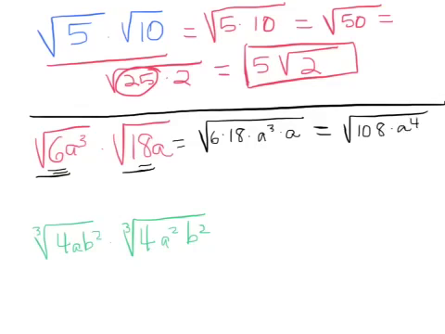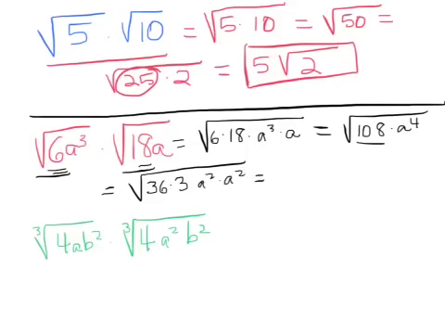Now, I'm going to simplify that, and I know, because I've gone through all my square root factors until I find the largest perfect square that 108 is evenly divisible by, that 108 is the product of 36 and 3, and then a to the 4th is a squared times a squared.